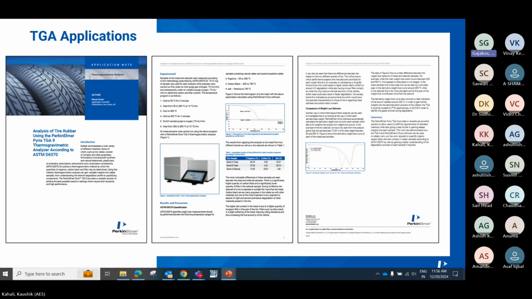This analysis has been carried out as per the ASTM method. The ASTM method suggests that the sample should be held at 50 degrees centigrade for 2 minutes. Then it should be heated from 50 to 560 degrees centigrade at 10 degrees centigrade per minute. Then it should be cooled again down to 300 degrees.